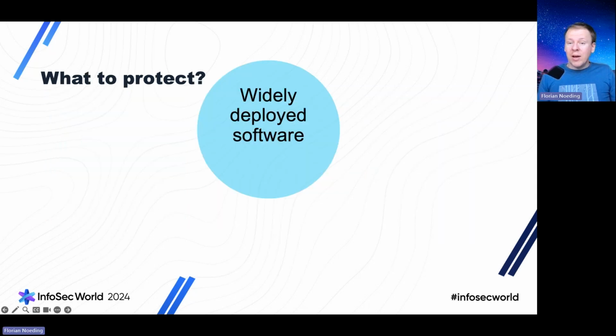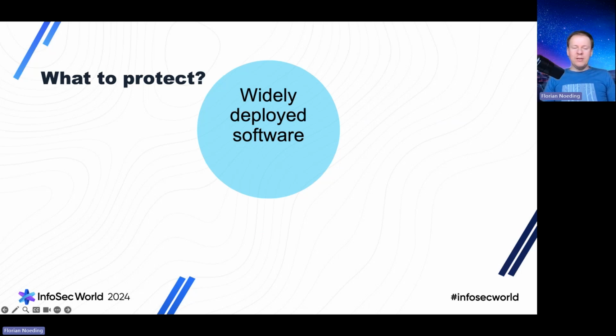So now if you have a large code base, or maybe even many, many different products, what do you need to protect? How can we, instead of rewriting all C or C++ code in a memory-safe programming language, be more precise? Because, well, if that would be the answer, the talk would be kind of short. So we need a smarter approach. So we start with widely deployed software.